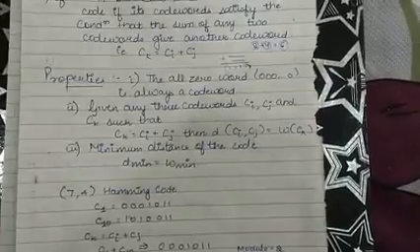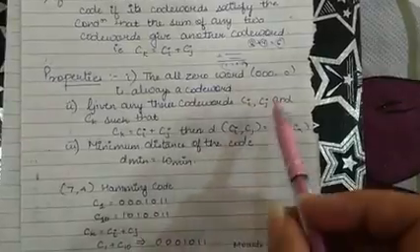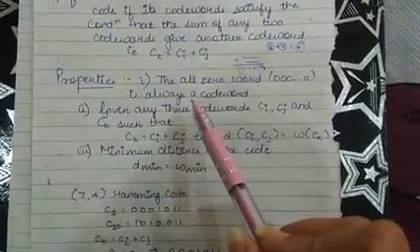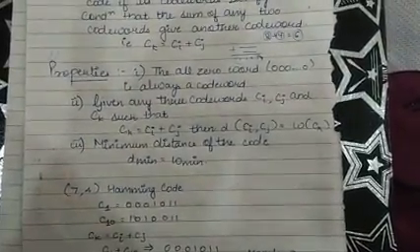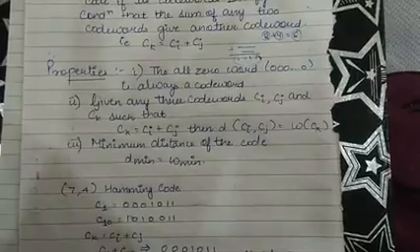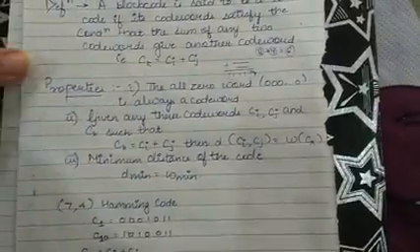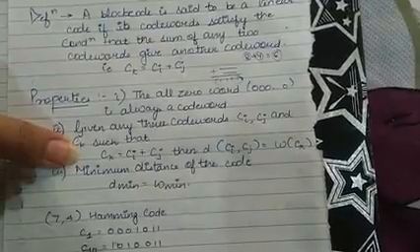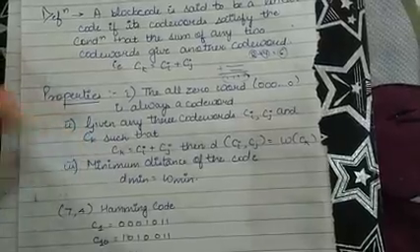The first property is that the all zero word is always a code word. That means if my whole code word comprises 0000, then it should always be a code word. Second, given any three code words Ci, Cj and Ck such that Ck is equal to Ci plus Cj, the distance of Ci and Cj is equal to the weight of Ck.